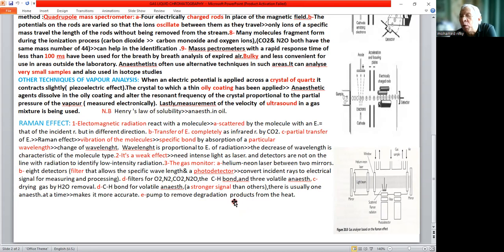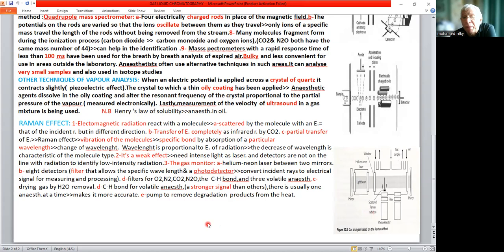So we use it to identify the type of anesthetic gas present. But I'm afraid that whenever there are two or three inhalation anesthetics present in this mixture, it may give me inaccuracy. So it's preferable to have only one.